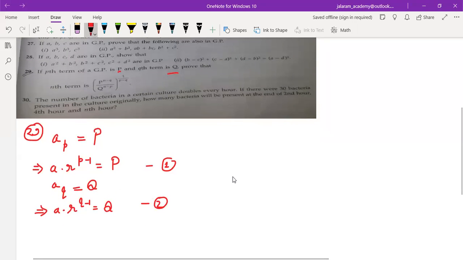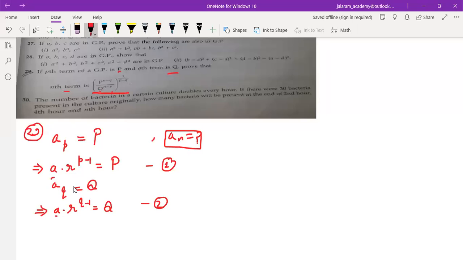Instead of proving, consider that we have to find the nth term, and we have a hint on how to find it. We have to prove that the nth term a_n is P to the power n minus q over Q to the power n minus p, whole to the power 1 upon p minus q. Whenever two equations are given, as we discussed in last sessions, first we divide equation 1 by 2.